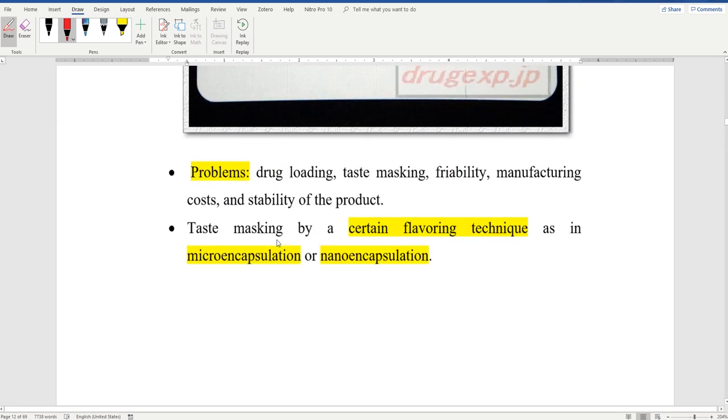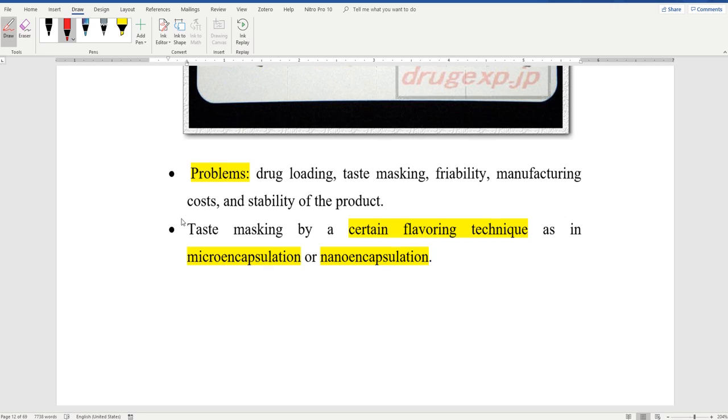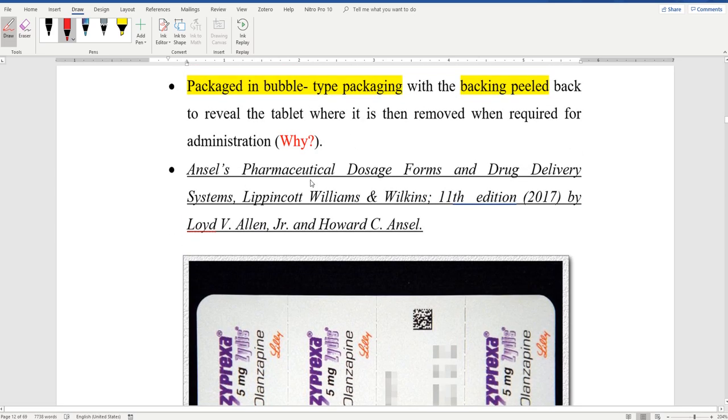You know that when you don't want to break an item, you wrap it with a bubble package, right? And all of this is to prevent what? To prevent the tablet from breaking.